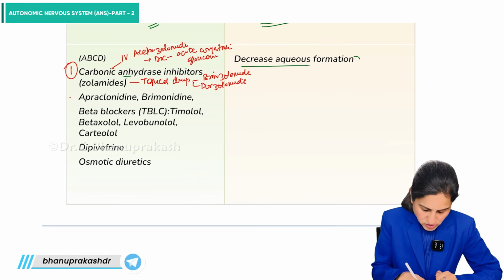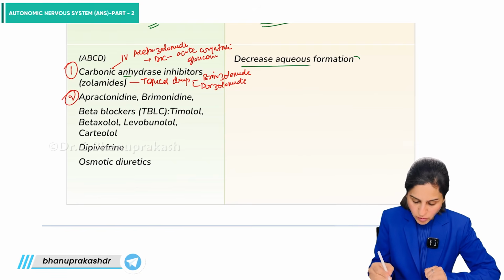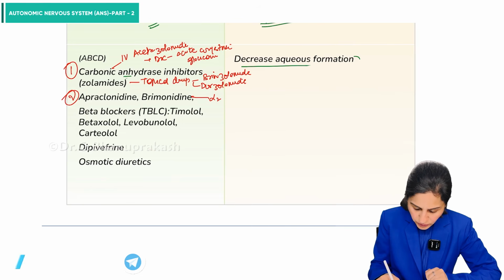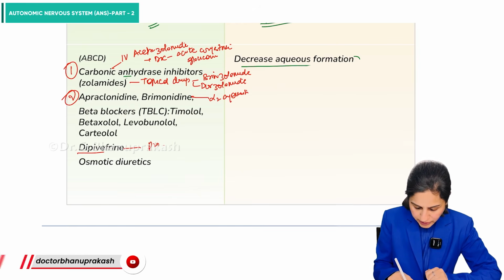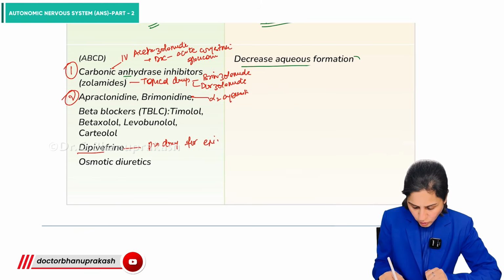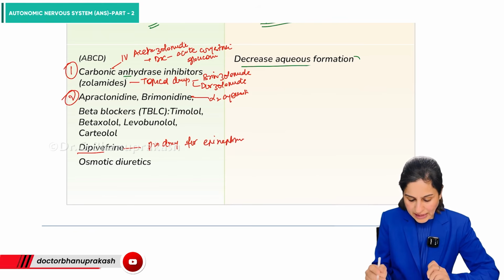Then next we have apraclonidine and brimonidine, which are the alpha 2 agonists, and dipivefrin, which is a prodrug for epinephrine. Right. So these are the alpha 2 agonists.